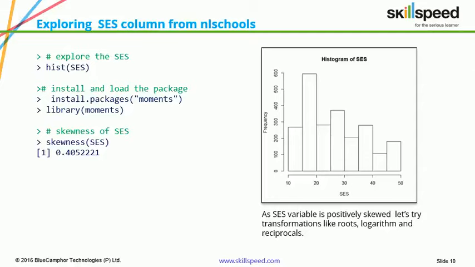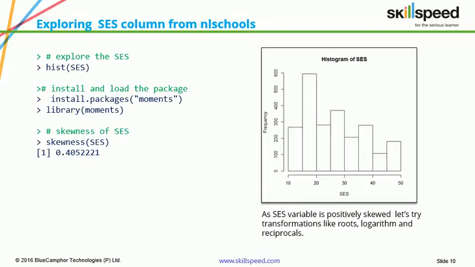Well, what is positively skewed data? Positive or right skewed data is where you have a lot of data at the left and it tails off at the right, which means in this case we have more data at the left side of the graph.